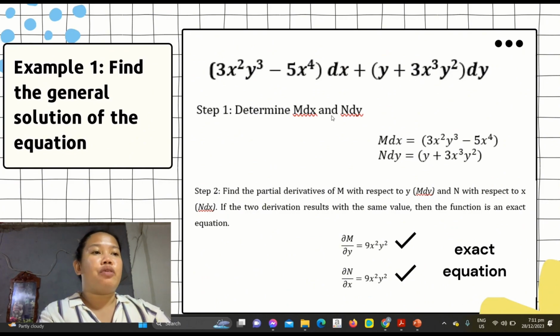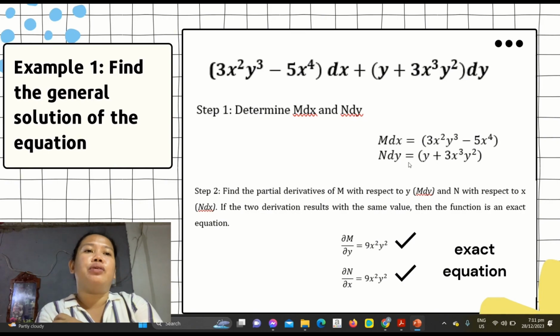First and foremost, the first step is to determine m dx and n dy. Our m dx in our equation would be (3x squared y cubed minus 5x to the power of 4) dx. Next would be the n dy, which is (y plus 3x cubed y squared) dy. So that would be our n dy.